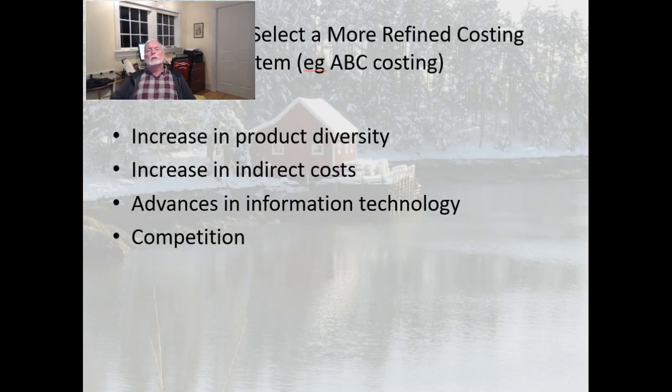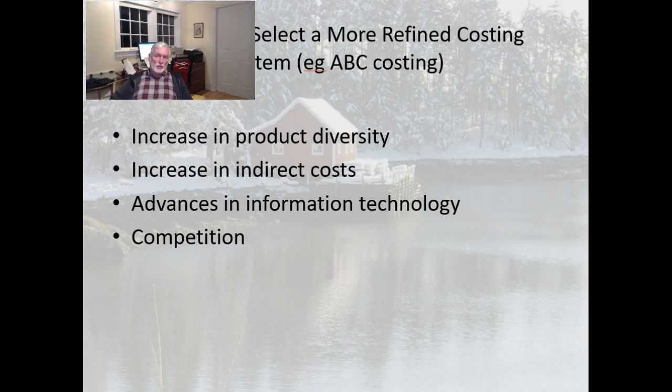Companies that have lots of product diversity, so they make lots of different things, definitely should be looking more closely at ABC. Companies that have lots of indirect costs should be looking at ABC. As our products have become more and more complex, there are many more indirect costs. So there's less material cost relative to other costs in most products today as opposed to 50 years ago.